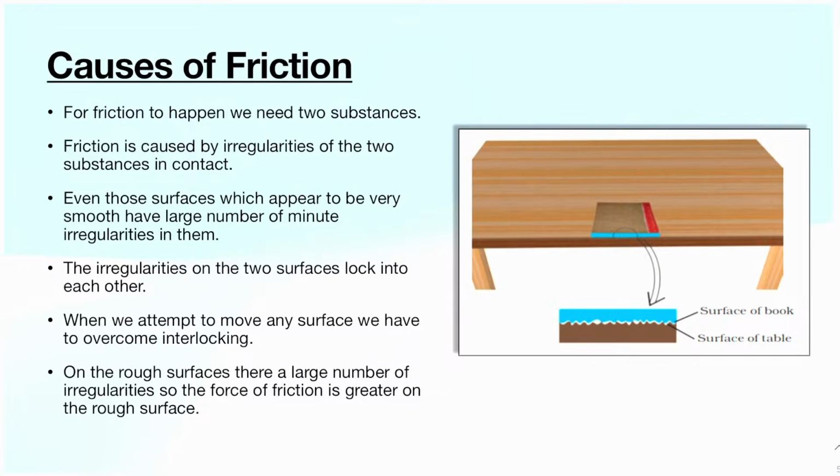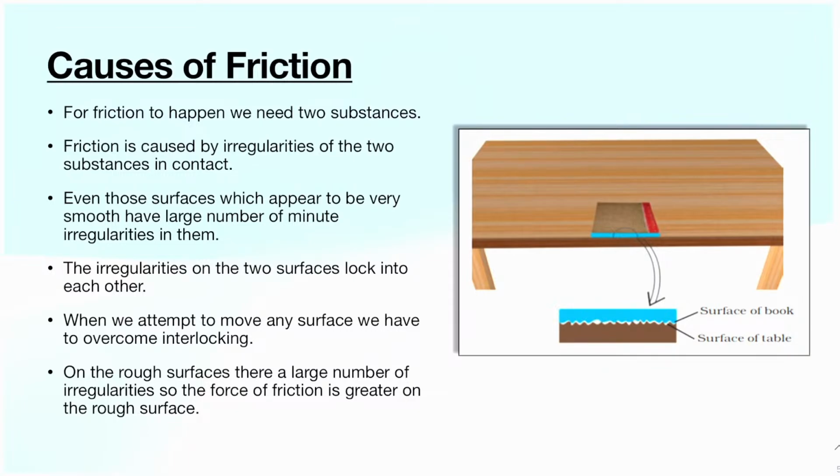So what causes this friction? Let us take a look at it one more time. As you can see, though the substance or the object looks very smooth, they are not smooth. They have irregularities on them. Both the wood as well as the book have irregularities which lock into each other when they move.